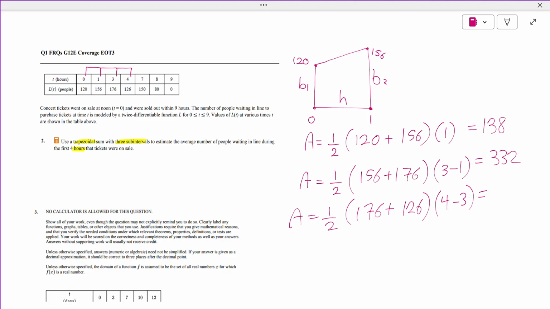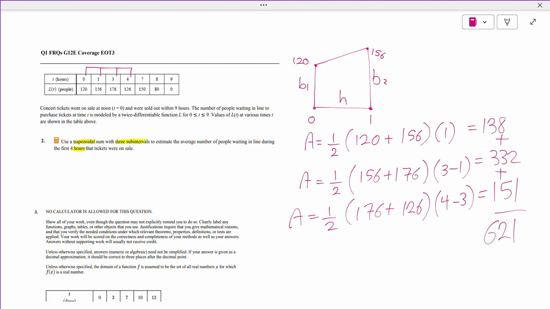The last one will be, let's do it quickly, 151. Now if you add those 3, 151 plus 332 plus 138, that is 621.